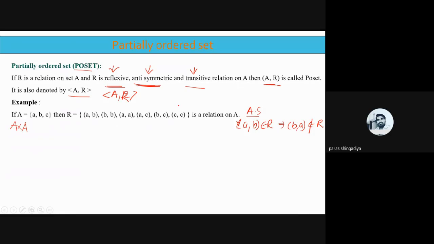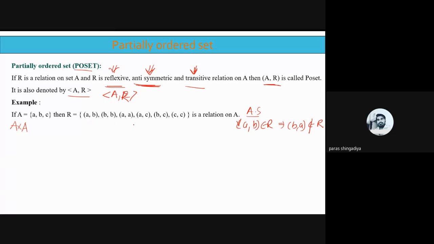Now we'll say whether it is a partially ordered set or not. We'll check that the relation should be reflexive, the first condition; second, it should be antisymmetric; and third, it should be transitive. If these three conditions are satisfied for the given relation, then we'll say this relation is a partially ordered set.